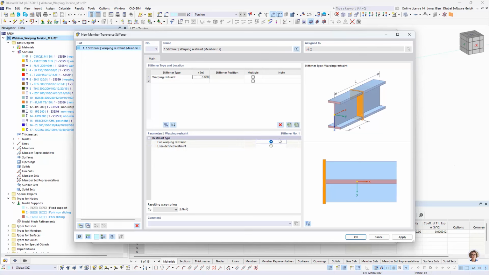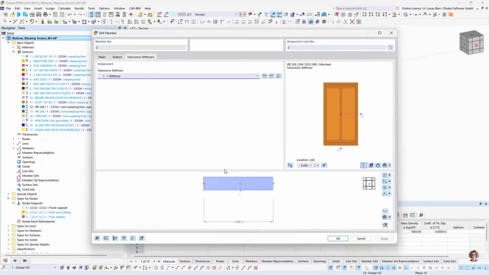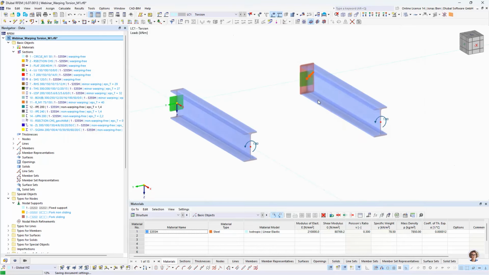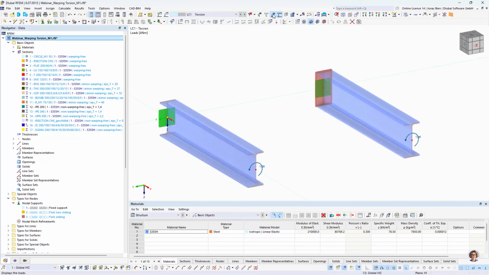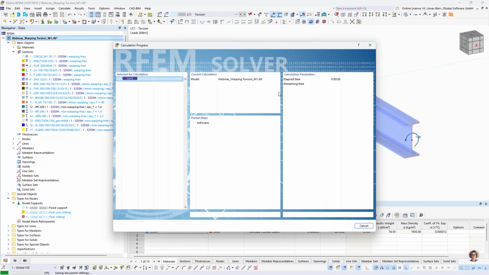But in this case, we want to make it clear, and we want to have a full warping restraint. So I will just agree with that and again say OK. And now we see indicated here we have this thick orange plate at the end. And this actually is a warping restraint that we now added as surplus to the nodal support condition that we applied here. So let's do the calculation again.